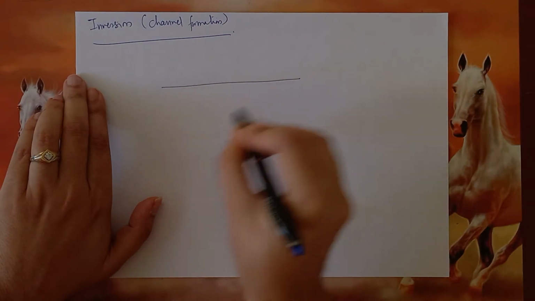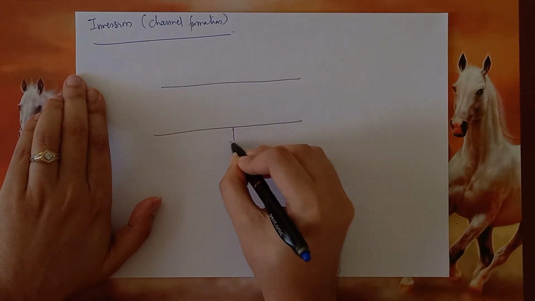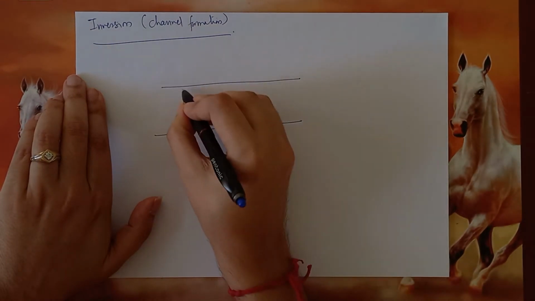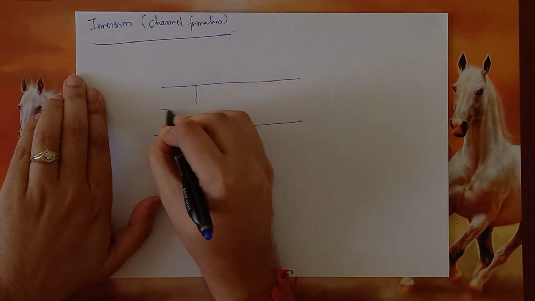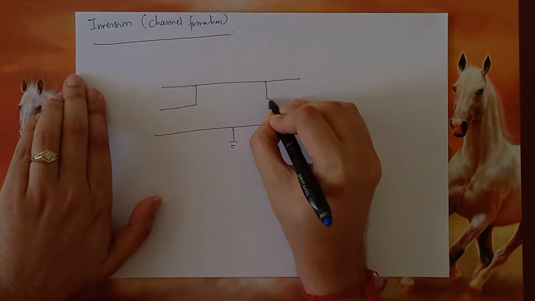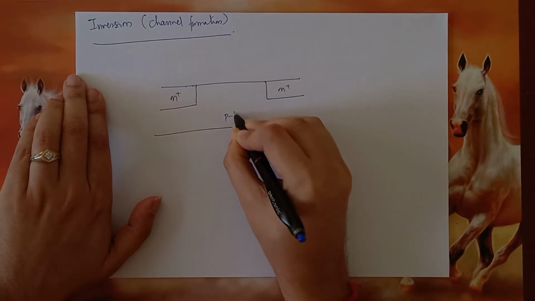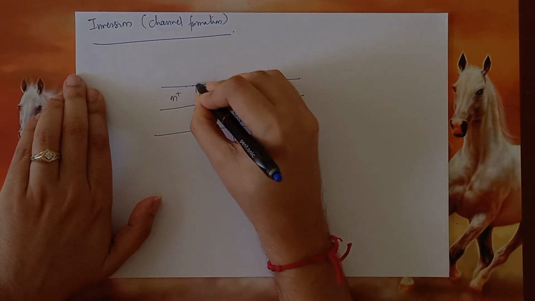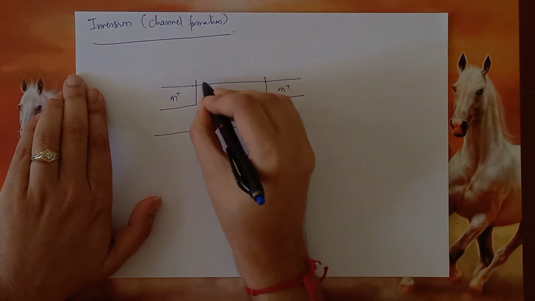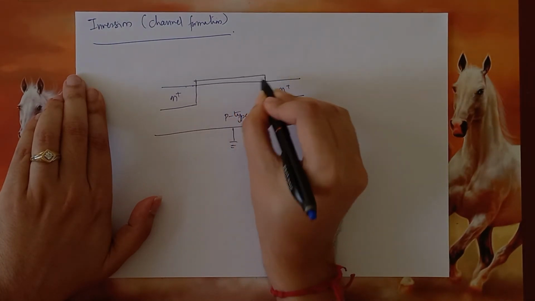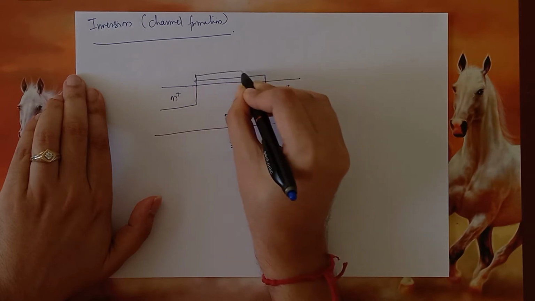So let us say that this is my NMOS, the body is grounded, this is the source, this is the drain, this is the p-type body, and this is my gate.